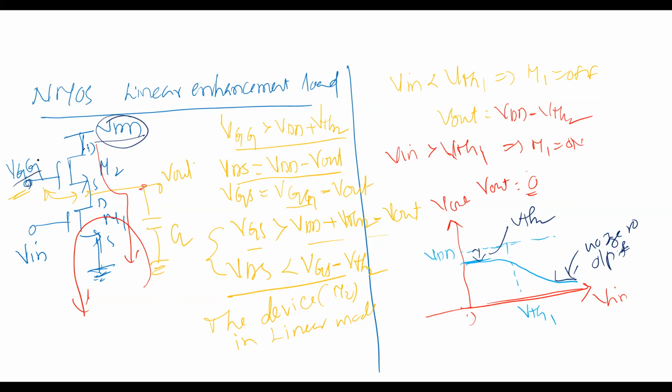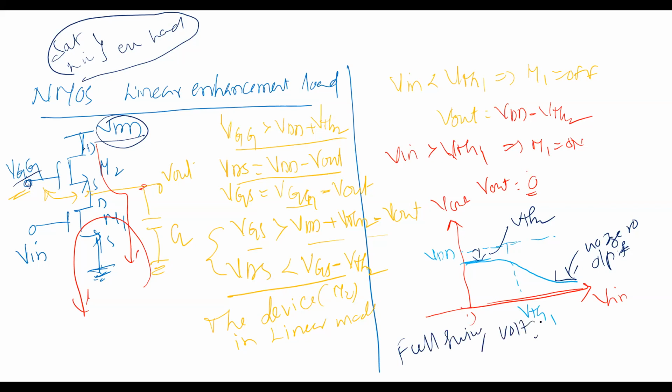This is the drawback. Either in saturation mode or linear mode, the enhancement load has the problem that we will not get full swing voltages at the output. This is the main issue of the enhancement load.